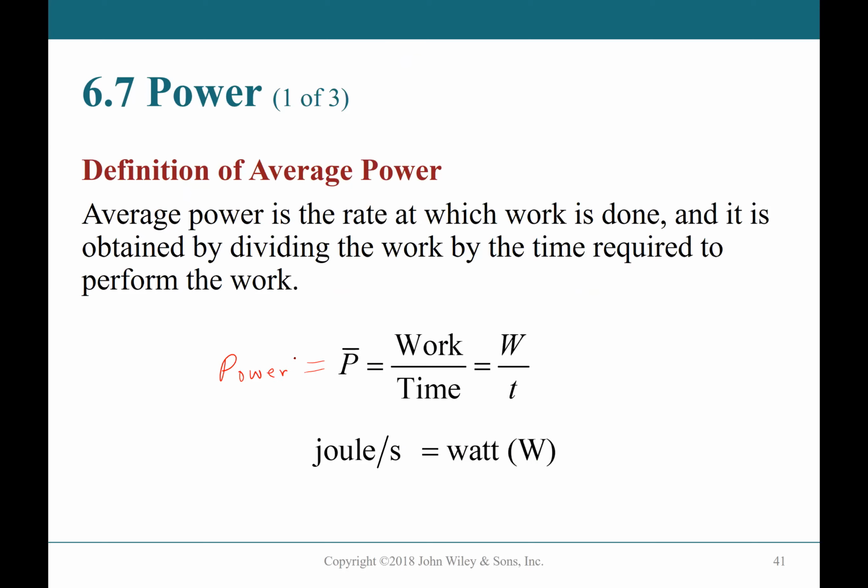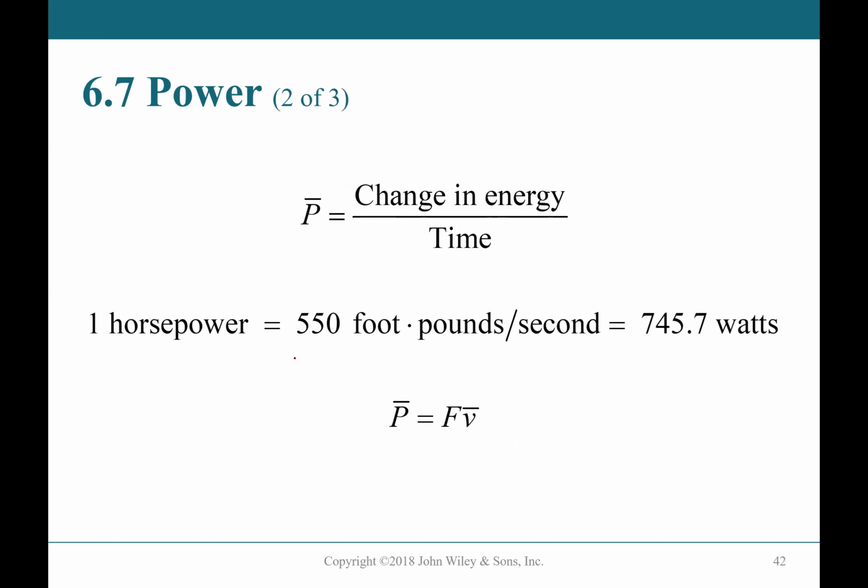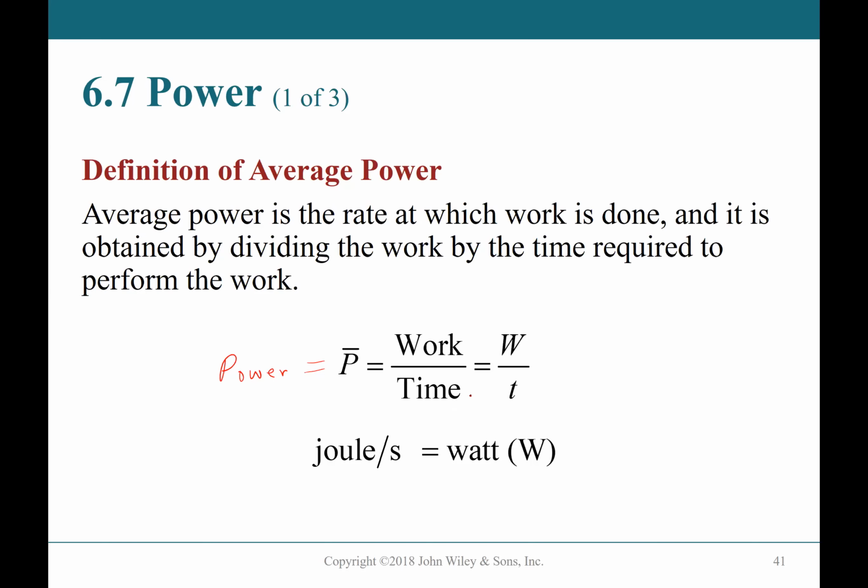Okay, equation for power. So then we can also write power as a product of force and speed. So you can probably see that right here. Okay, we said work was force times distance over time.